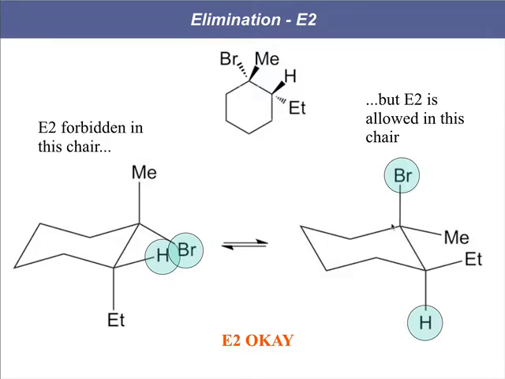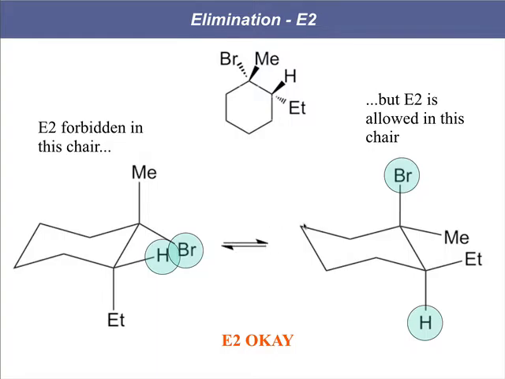The antibonding orbital of the carbon-bromine bond is underneath the ring, kind of right around here, and that is exactly aligned with where the electrons on the carbon-hydrogen bond are. And that's, remember, the reason why we need an anticoplanar arrangement: so that the electrons that get liberated can line up with the leaving group's antibonding orbital. So this molecule can undergo E2 elimination.